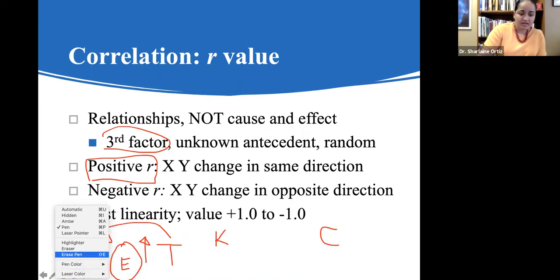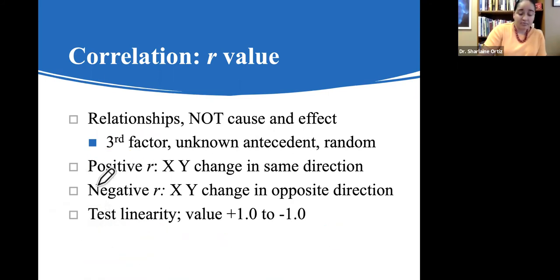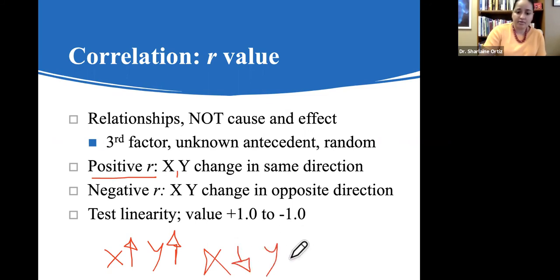Now, just for me to reemphasize, a positive relationship is that both X and Y will change in the same direction. So if X goes up, Y will go up, will increase. By the same token, if X goes down, Y will go down.